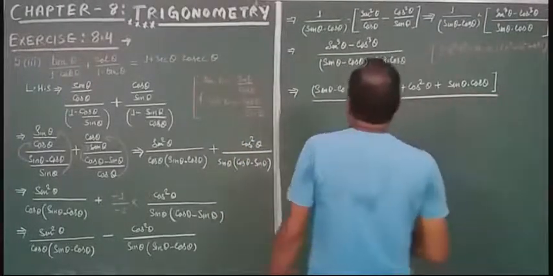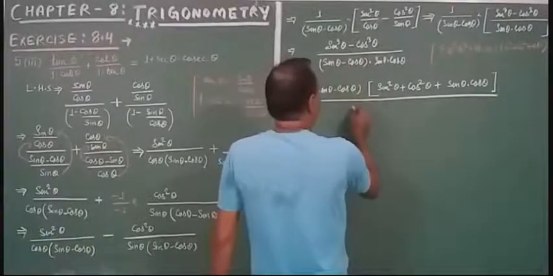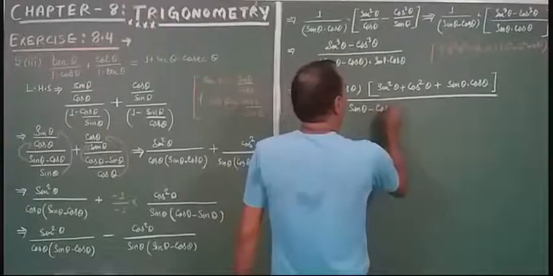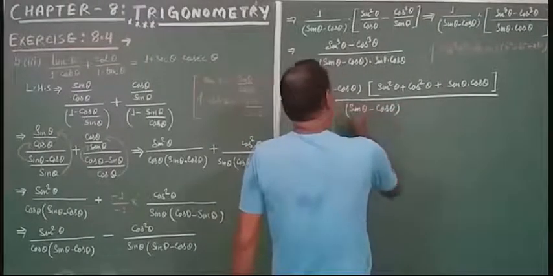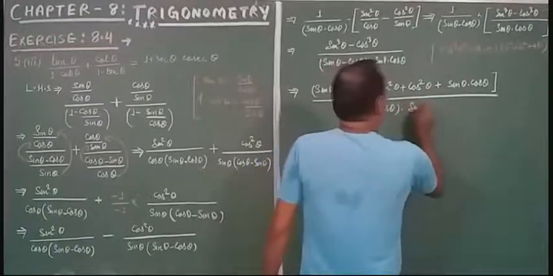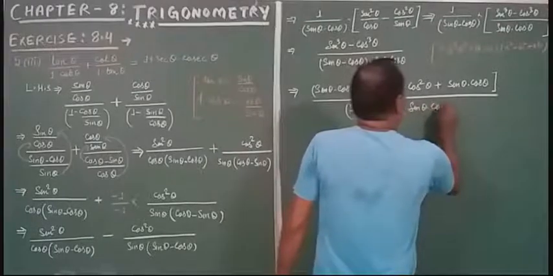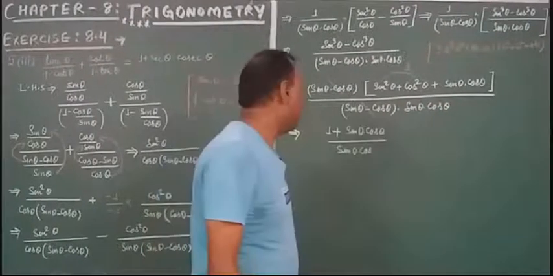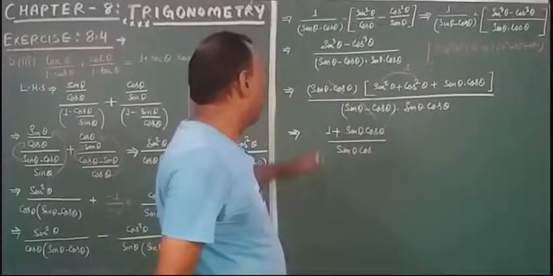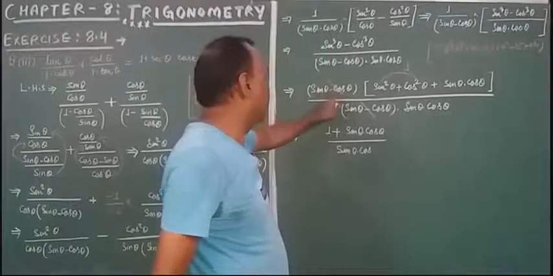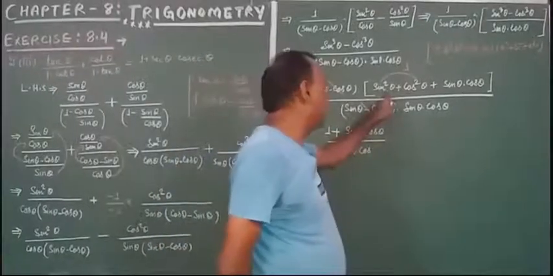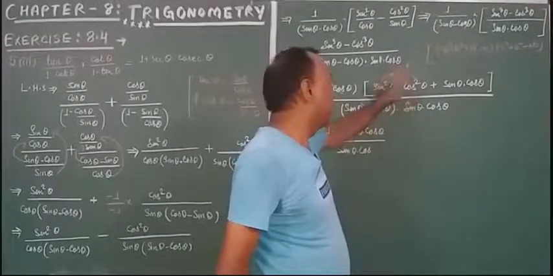just look here, sin theta minus cos theta multiplied with sin theta into cos theta. Is it there? Now this sin theta minus cos theta will be cancelled out, and sin square theta plus cos square theta is 1.